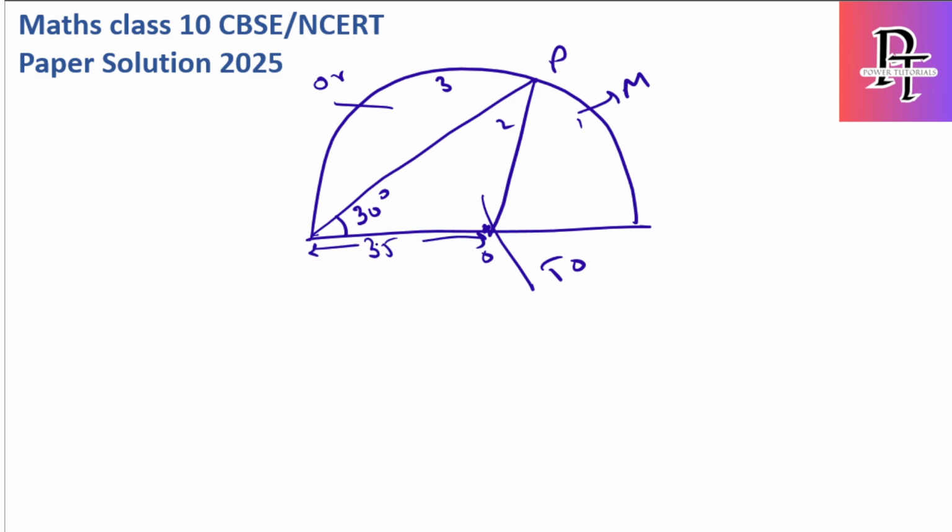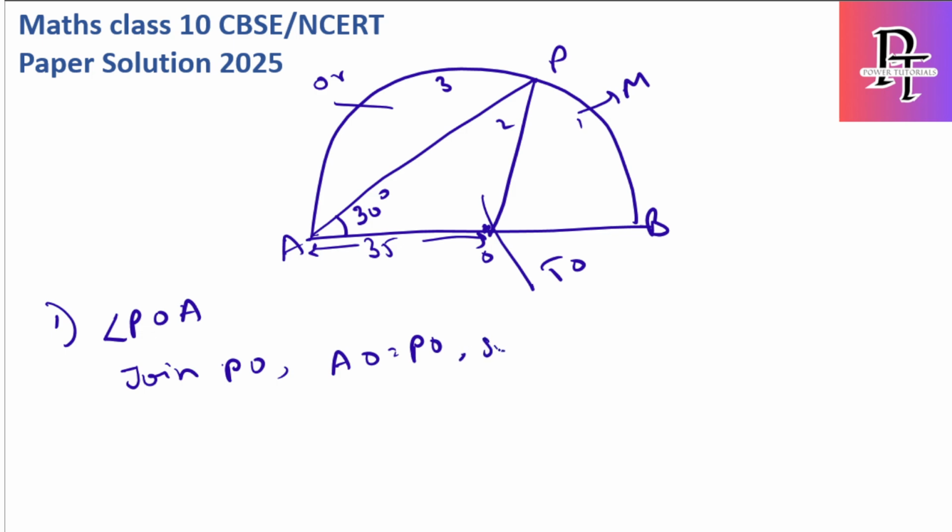So if you notice here, this is A and this is B. For the first question, the angle POA question, this is just one more question, so no need to add this much detail. I will simply say join PO, and then AO is equal to PO. So angle APO is equal to 30 degrees. Why? Because it is an isosceles triangle. This is also radius, this is also radius.